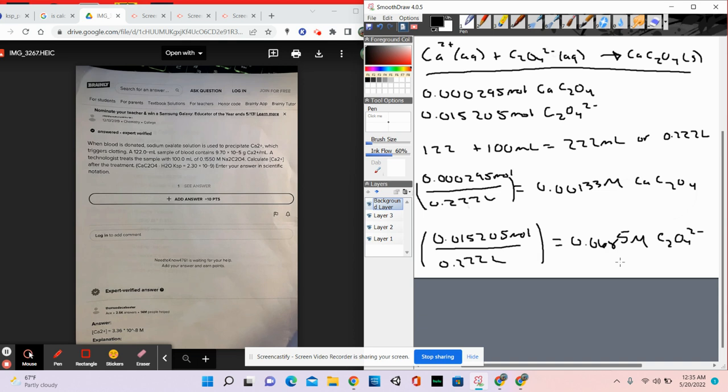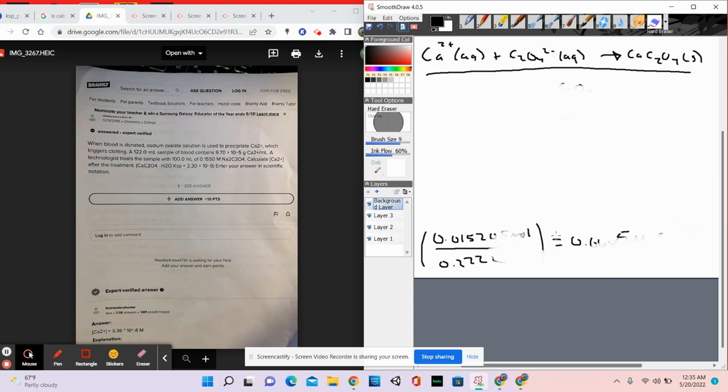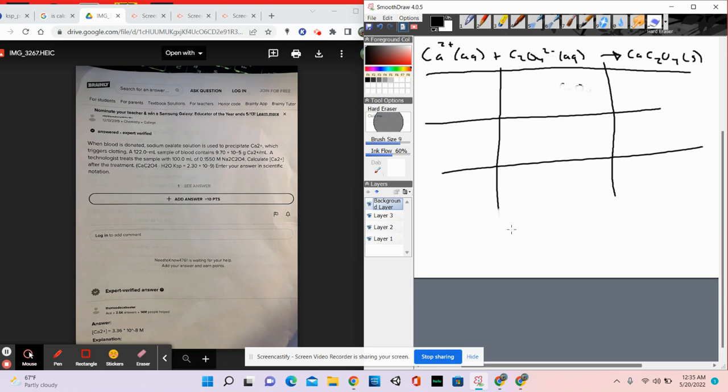Now, all we need to do is put these two values into the ICE table. Let me erase this. I have them written down here. Okay, so this is the ICE table we have.